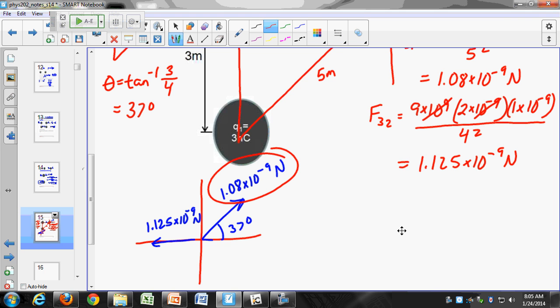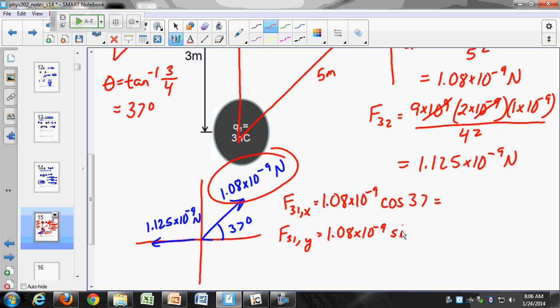That is F31. So I'll say F31, the x component, is 1.08 times 10 to the minus 9 times the cosine of 37, then F31y is times the sine of 37. If you run out of space, guys, there's another sheet of paper after this, so you can flip the pages.